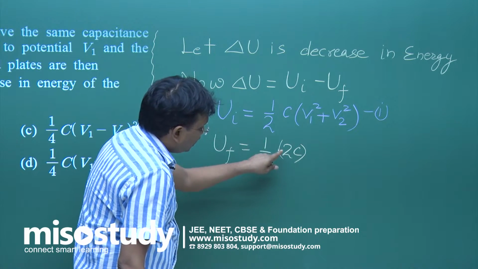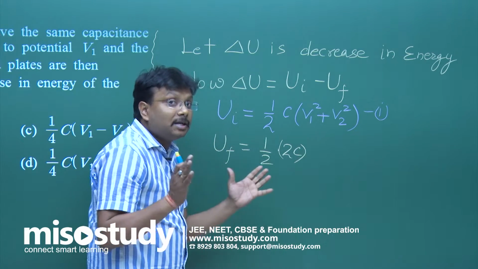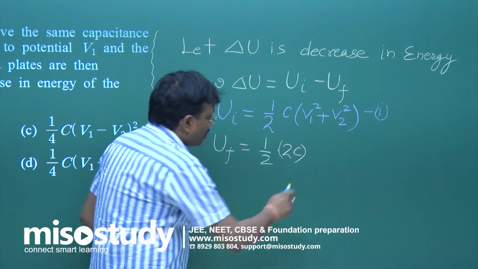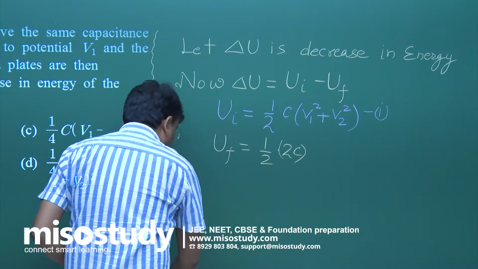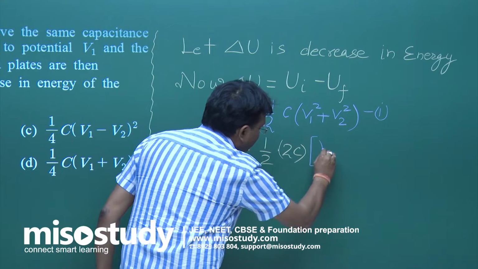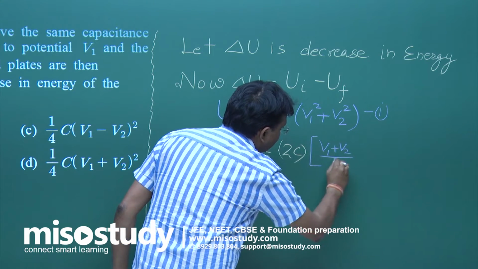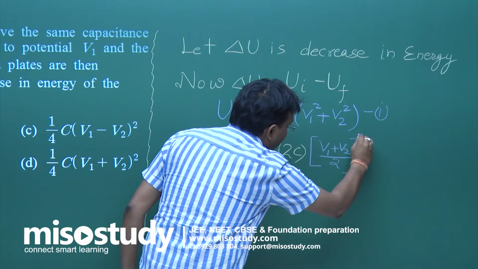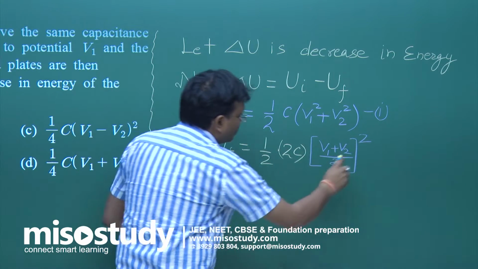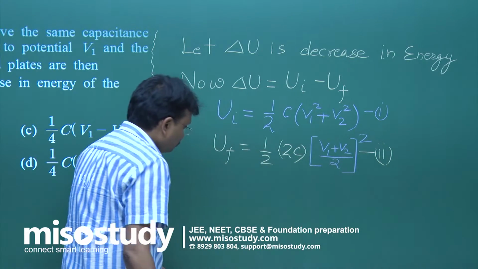So half into 2C, and when you connect them, the potential will be shared and changed, which you can write as V1 plus V2 by 2 whole square. This is equation number 2.